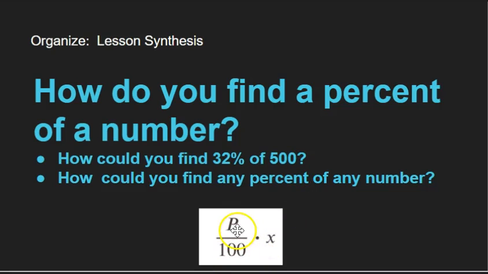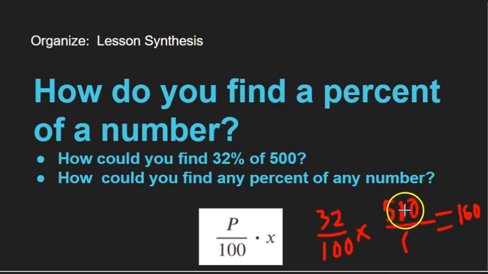So if I take 32 hundredths times 500, that's going to give us 160, because we could cross cancel and divide out 100 from both of those. 5 times 32, 5 times 30 is 150. 5 times 2 is 10, 160.